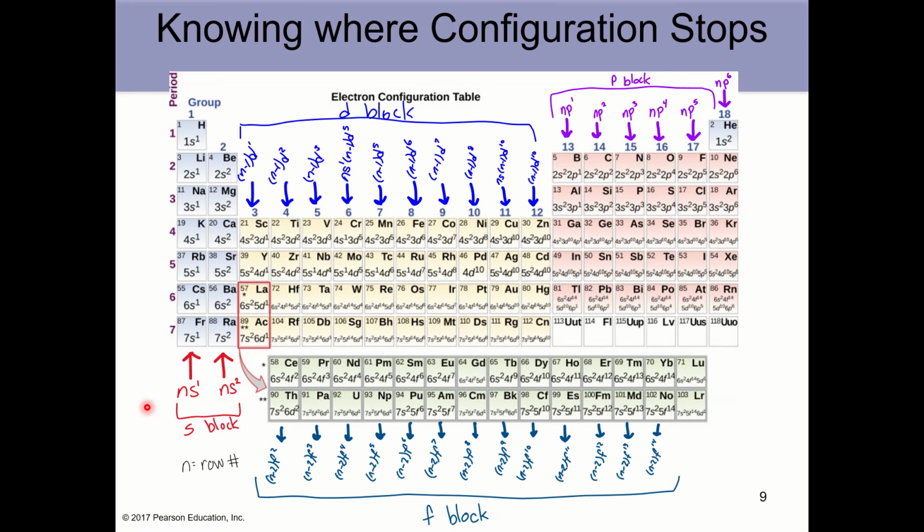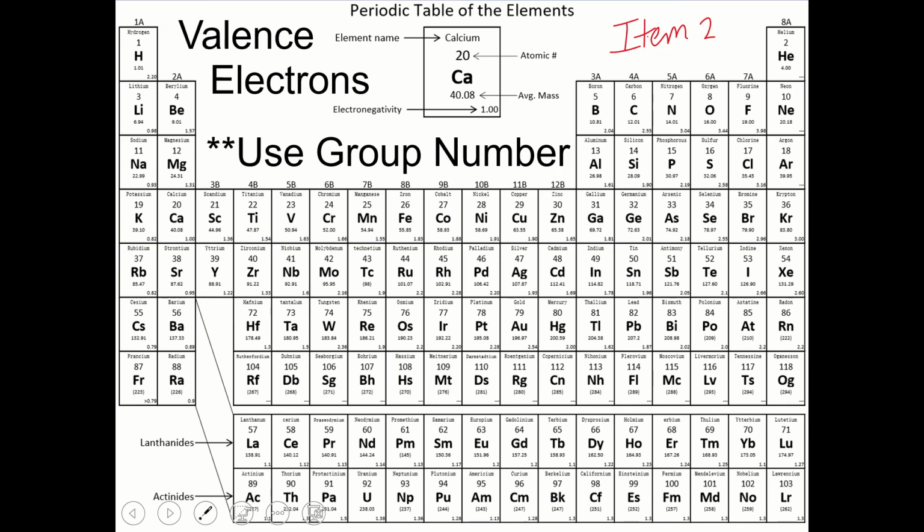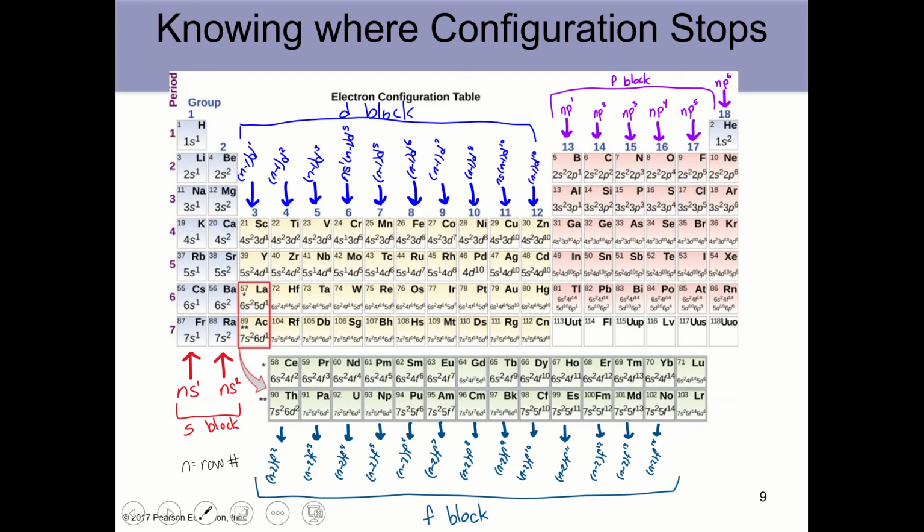All right, so what we do in the D block, this is the transition metal block. It is group 3 through group 12 on this periodic table. Or if you look at the periodic table that I use for class, the transition metals are groups 3B through 12B, and these are going to be D1, D2, D3, D4, D5, D6, D7, D8, D9, D10.